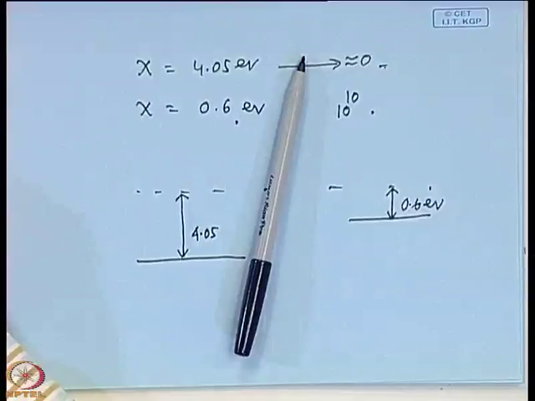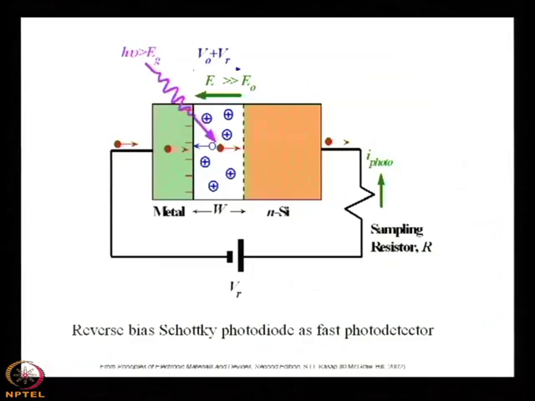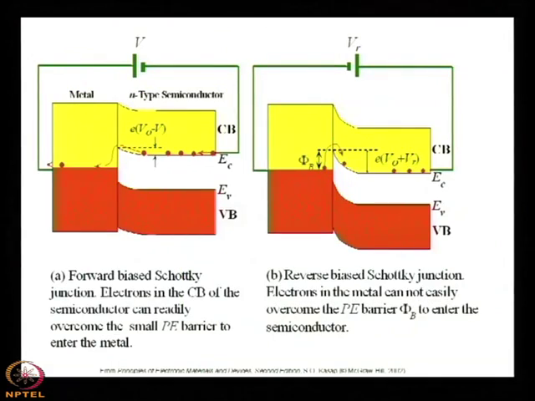So, what we see is that the thermionic emission mechanism is the main mechanism for this metal semiconductor junction. Now, if thermionic emission mechanism is there, in the next class I shall show you what are the current components.